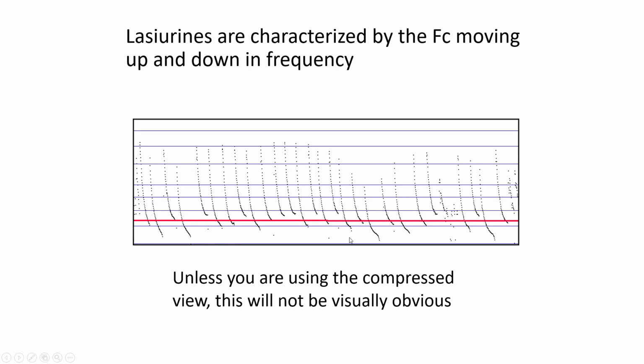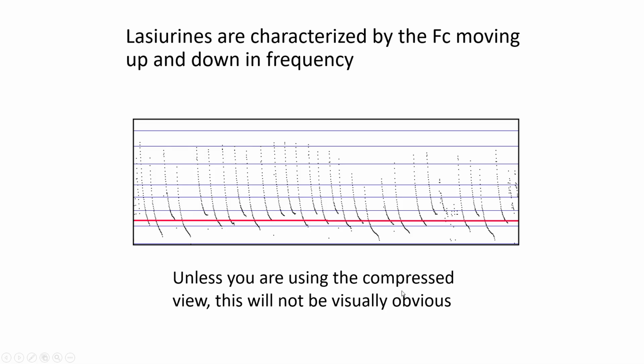It turns out all of the Lasiurines, the species that were all lumped under Lasiurus but are now 3 separate genera, are characterized by the characteristic frequency moving up and down. Bing, bing, bing, bing, bing. That's how you diagnose these and recognize them from all other Vespertilionids.